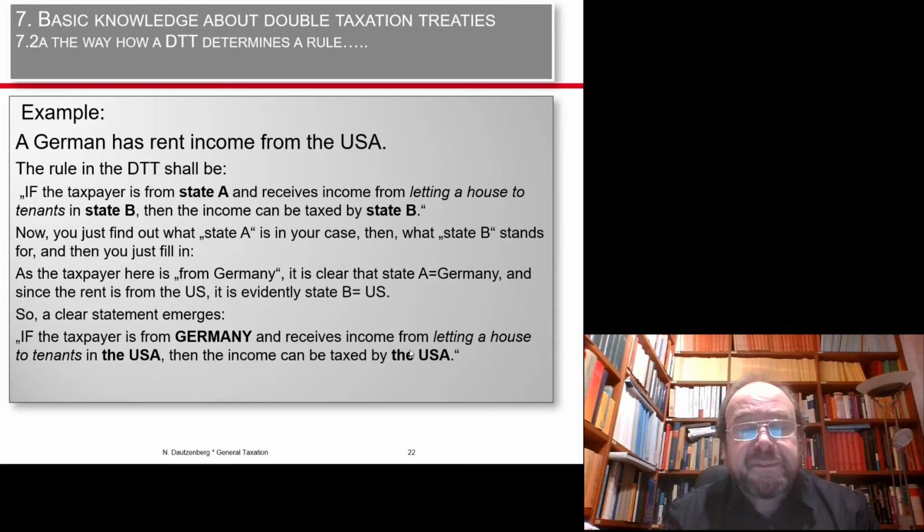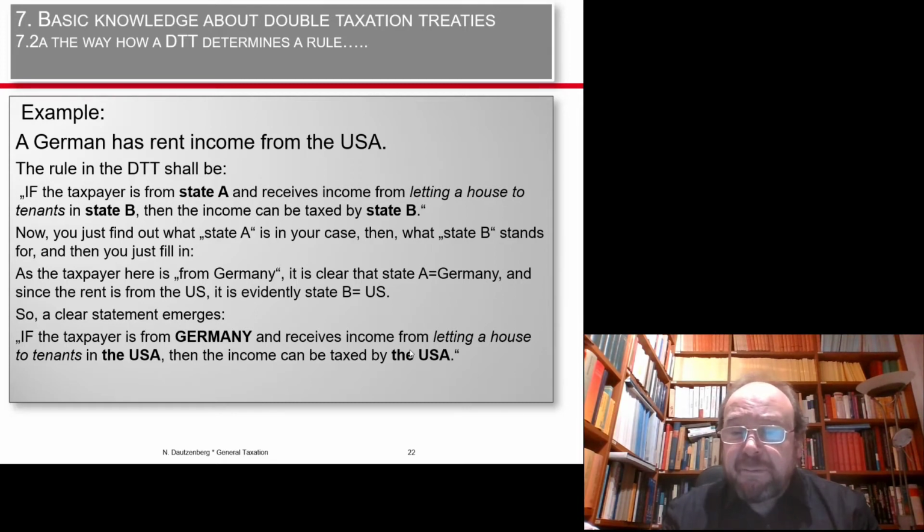The taxpayer from state A, well, we have a German, so he is from Germany, so evidently state A is Germany. Now we have found that out, and now we know everywhere where state A will be mentioned, we fill in Germany.